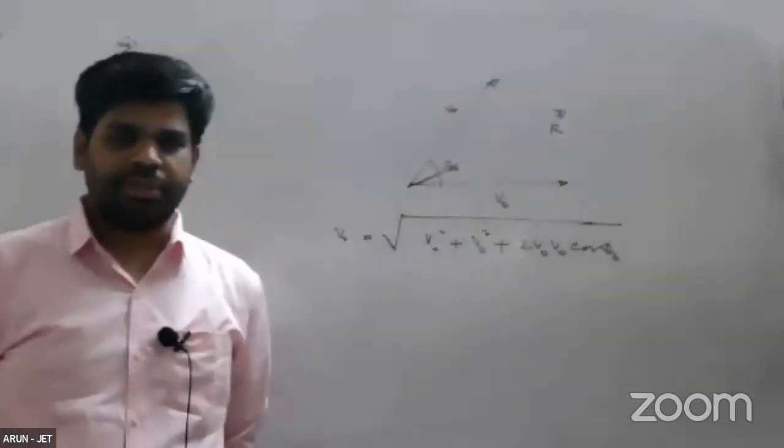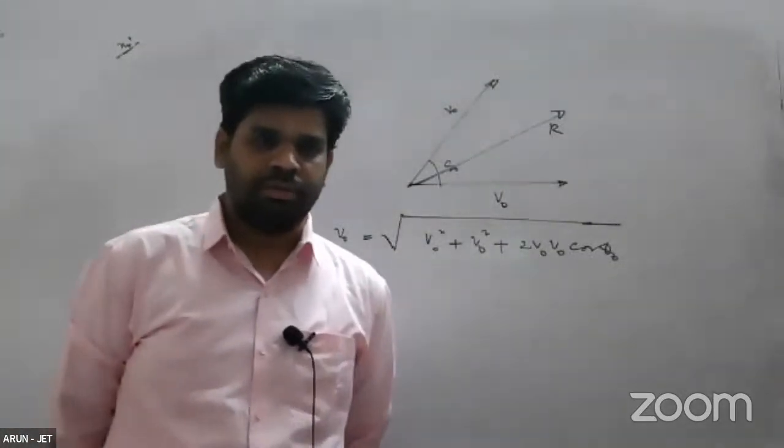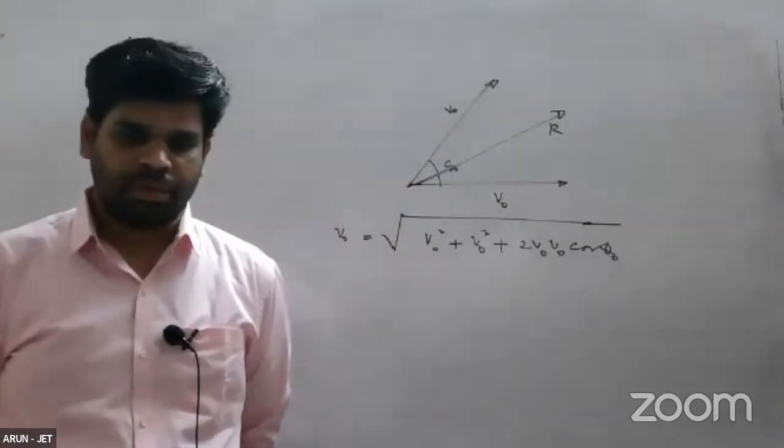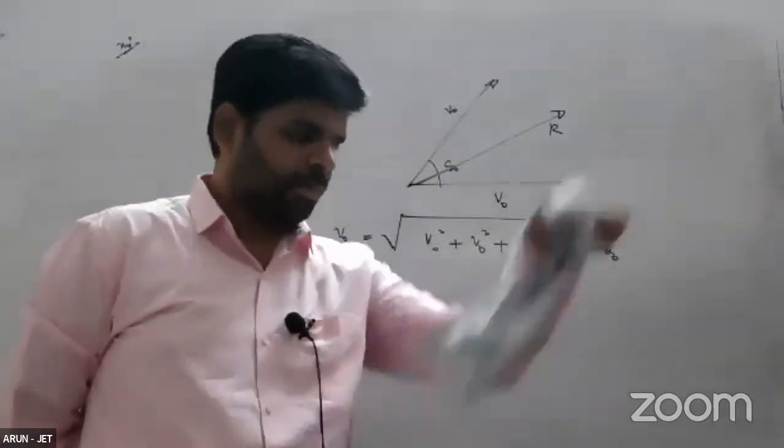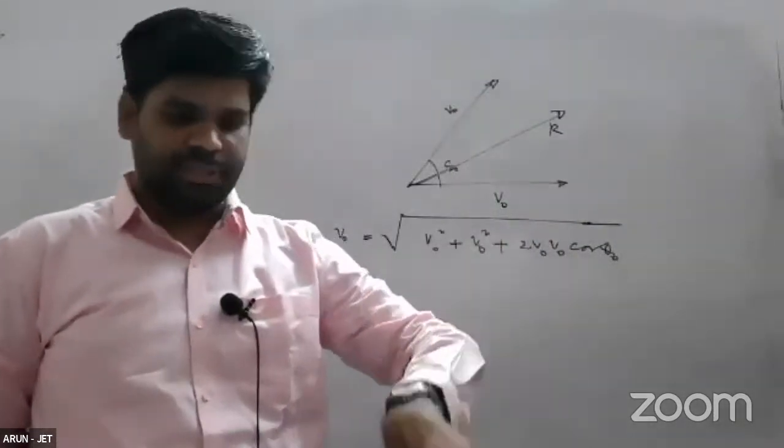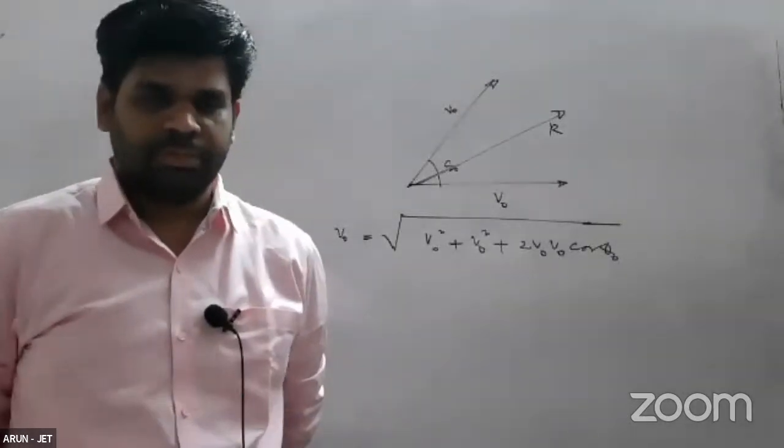Yeah, what is theta naught here? Quick. There are 6 more problems. 60.